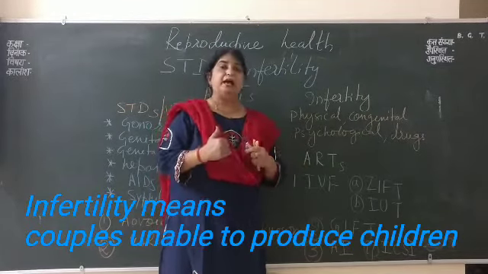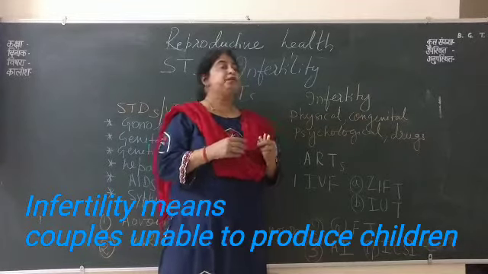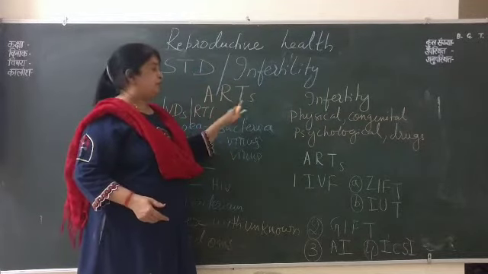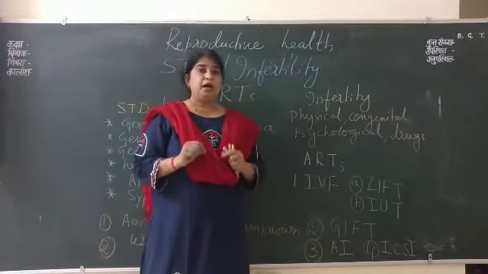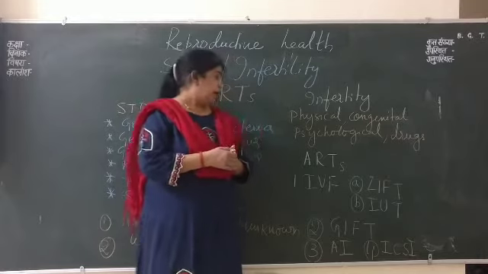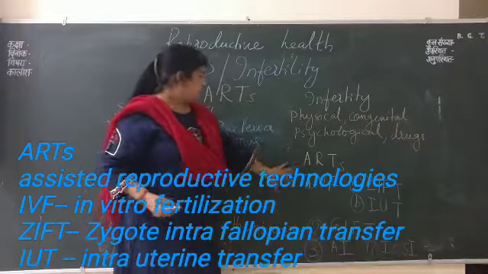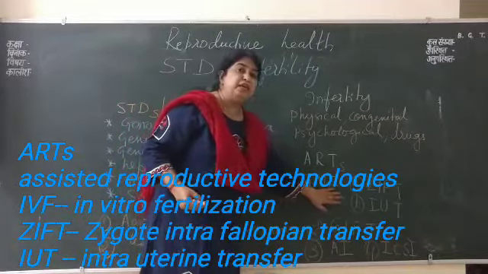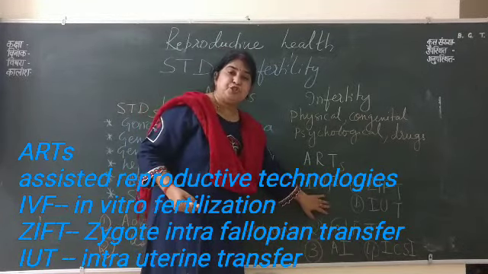In our medical sciences we have developed the assisted reproductive techniques or ARTs, by which infertility can be overcome, and these are some of the important ARTs. One is IVF or in vitro fertilization.